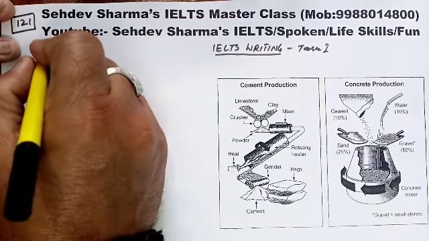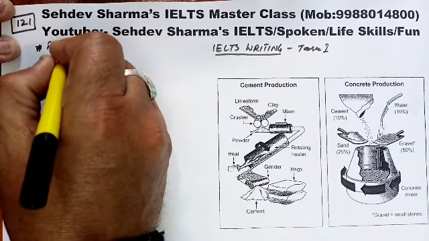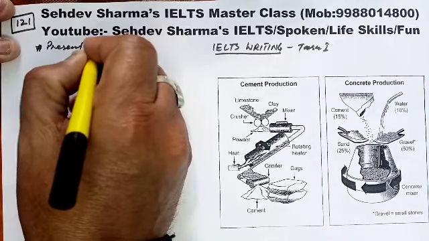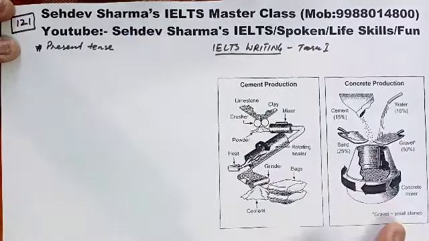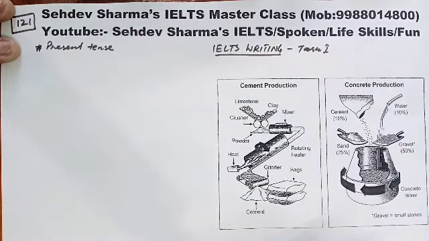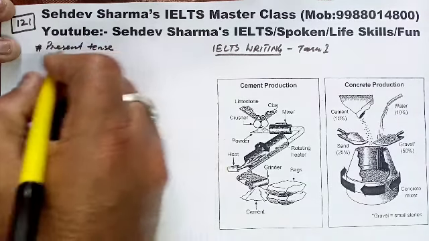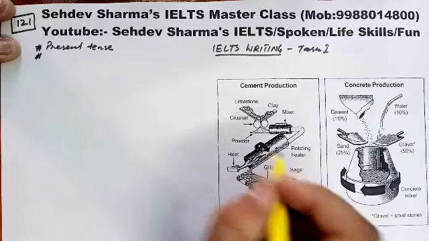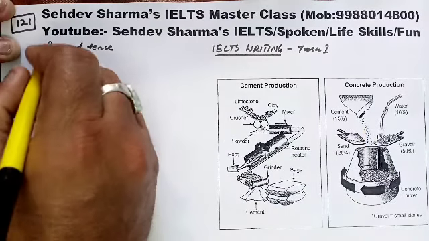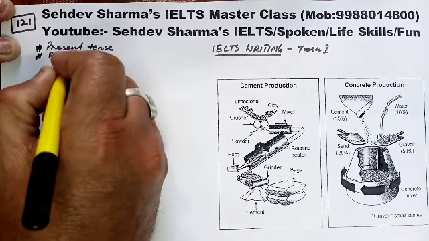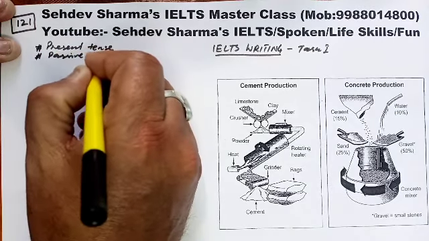Please remember it is always written in the present tense. You can use present indefinite, present continuous, perfect, or perfect continuous. The next tip for the process is that we should try to write in the passive format of tense.